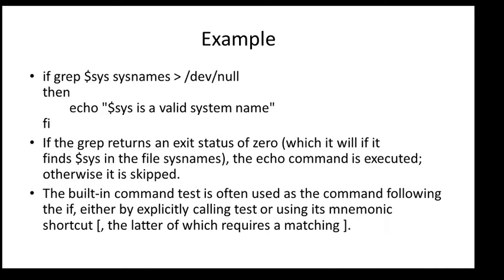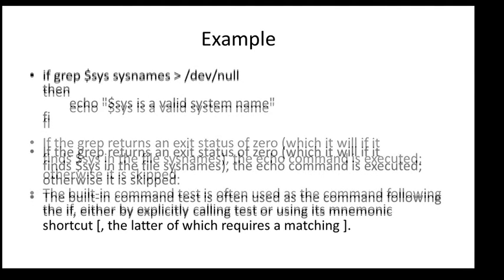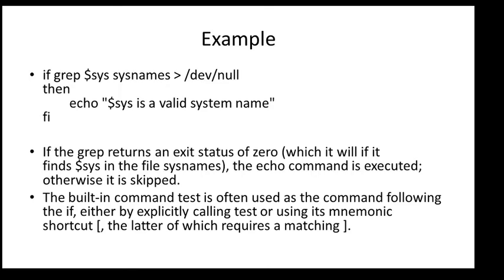The built-in command test is often used as the command following the if, either by explicitly calling test or using its mnemonic shortcut, the latter for which requires a matching bracket. For example, if grep system name.